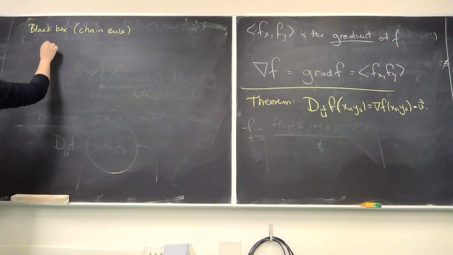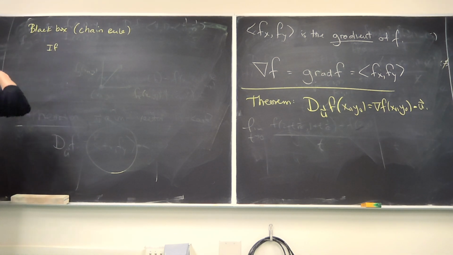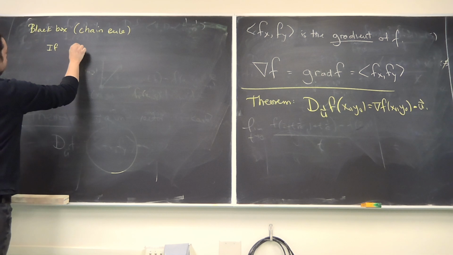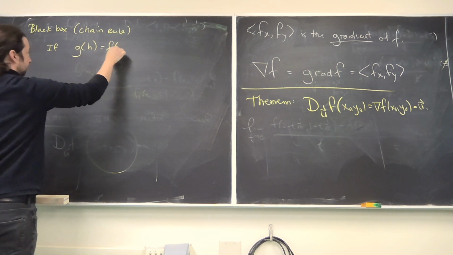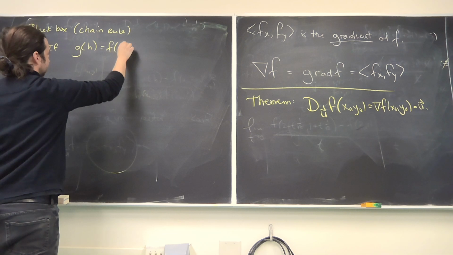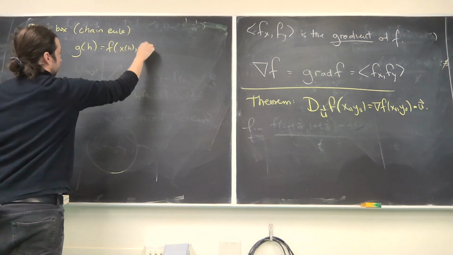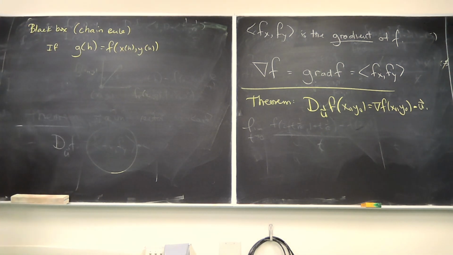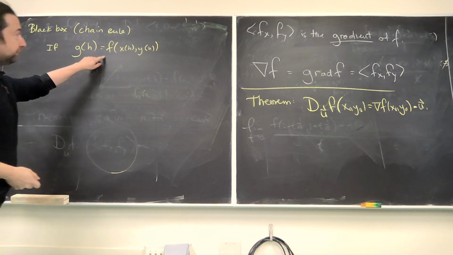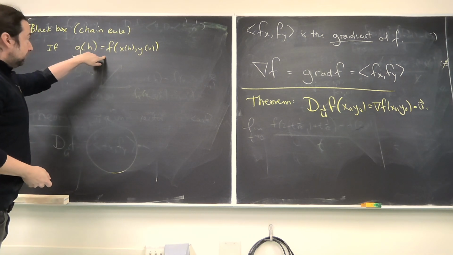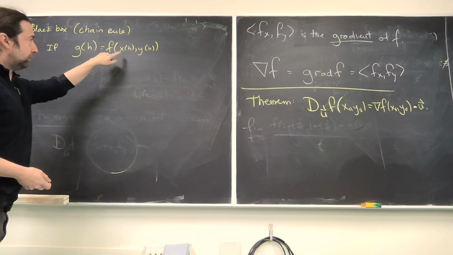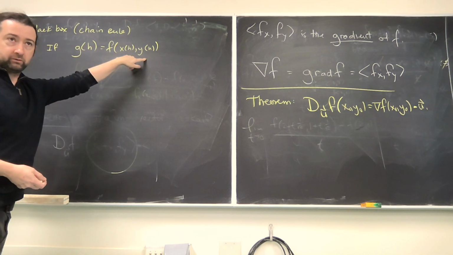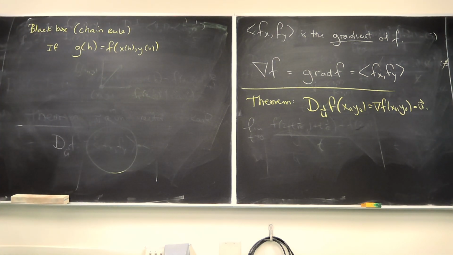If you have a function g of h, which is equal to f of x of h, y of h. That is, if I have a function g that's a composition of a function f with functions x and y, this is the setup for a chain rule, since compositions are more complicated in two variables.